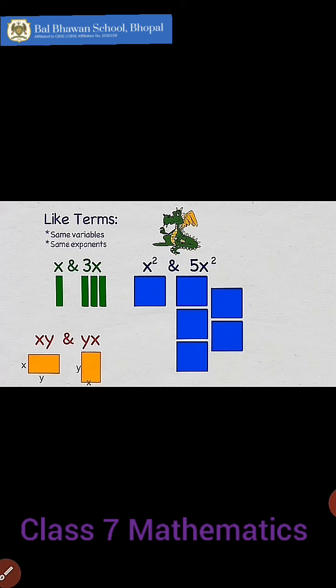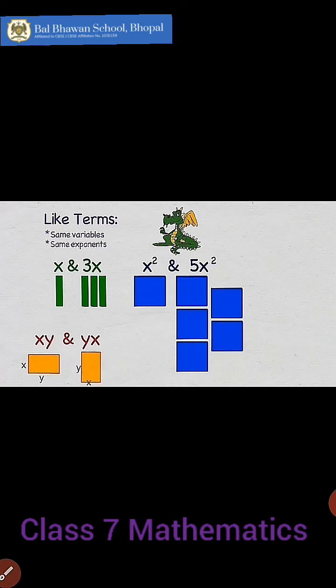Another example is x square and 5x square. So here both of them are having the same variable and the powers of these variables are also same. So such expressions will be termed as like terms. Again, one more example, xy and yx.